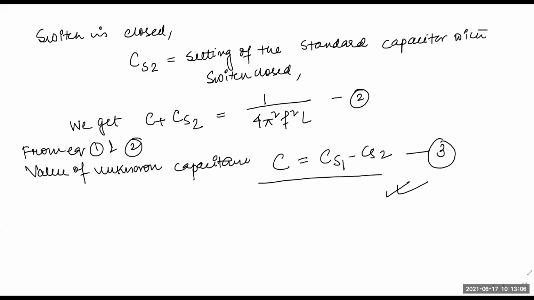Under measurement of effective resistance, one is the resistance variation method, another is the reactance variation method. Both will have their own formulas and some derivations also. So let us start.